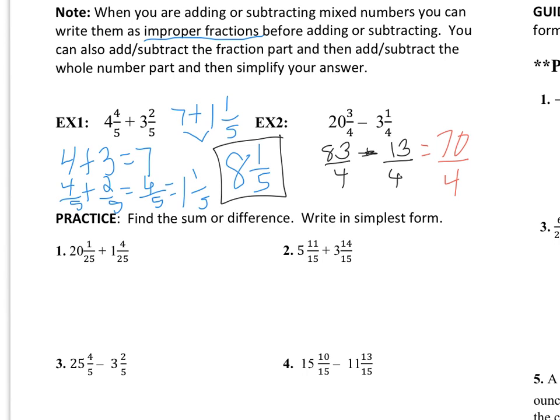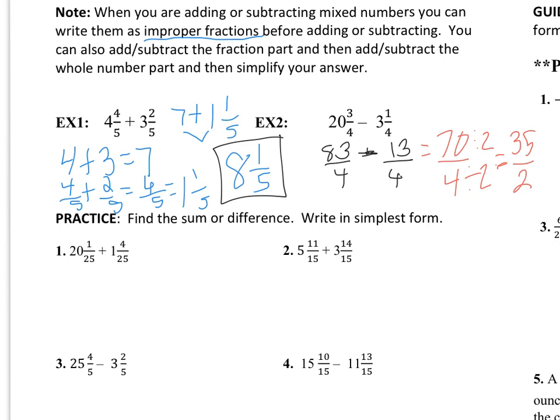Now I can take that 70 over 4 and convert it to a mixed number, or I can also realize that the fraction could be reduced. I could actually divide it by 2, top and bottom, because they both end in even digits. So 70 divided by 2, I end up with 35 over 2.